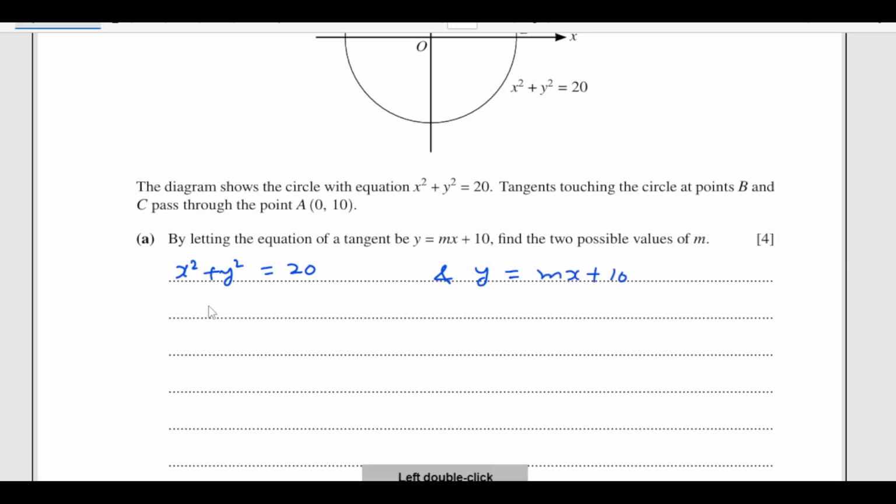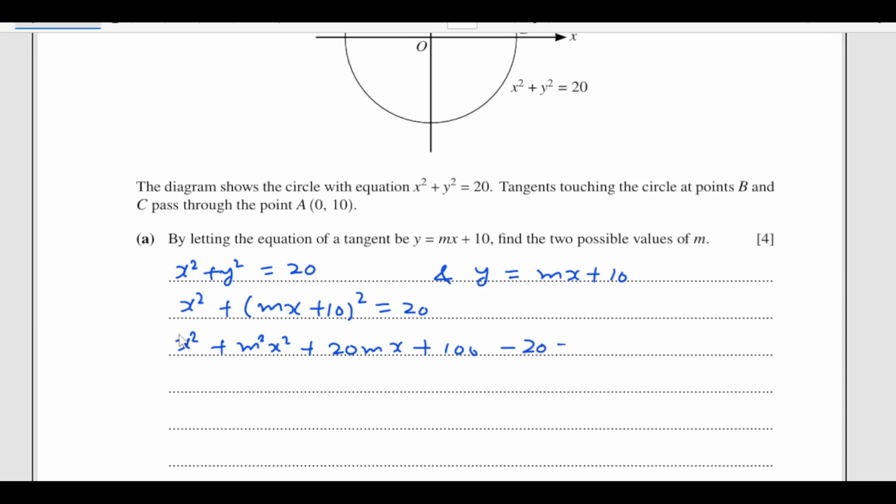So we will substitute this value here. x squared plus (mx plus 10) squared equals 20. So opening the bracket, x squared plus m squared x squared plus 20mx plus 100, minus 20. Bring 20 to the left hand side.